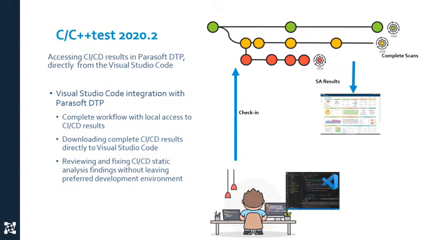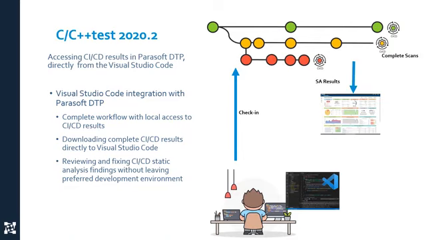Developers can then either use the DTP web-based interface for viewing the results or download them directly to their IDE. And based on our experience, many teams prefer this second option because then results are accessible via the interface that developers use most of the time, their preferred IDE.